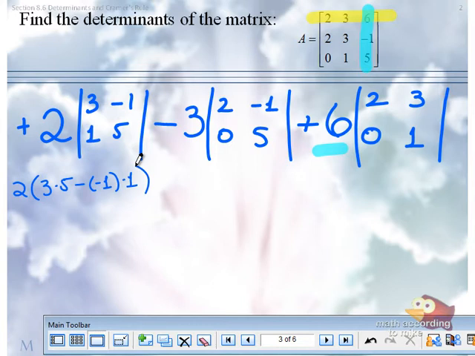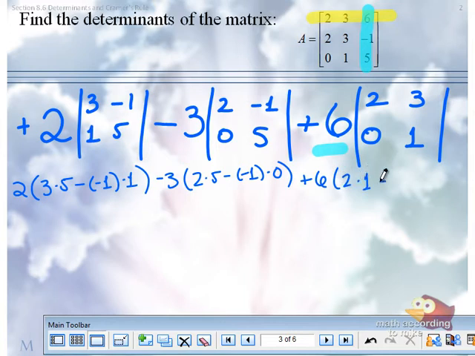Minus 3 times 2 times 5 minus negative 1 times 0. And what's the last setup? So after that, it's just arithmetic.